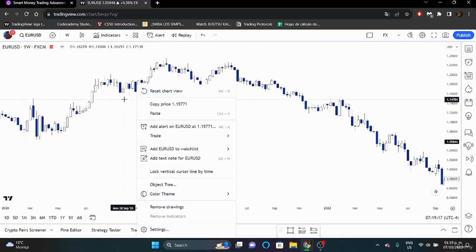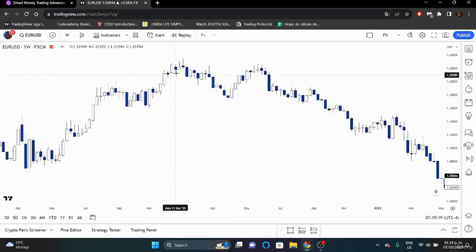This is a swing low. And later we have what we call a swing high, okay? This is a swing high. Lower high, higher high, okay? This is a swing high, this is a swing low, okay?